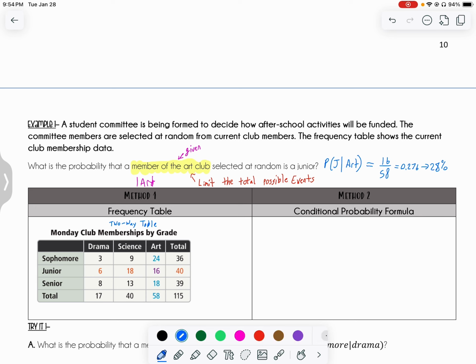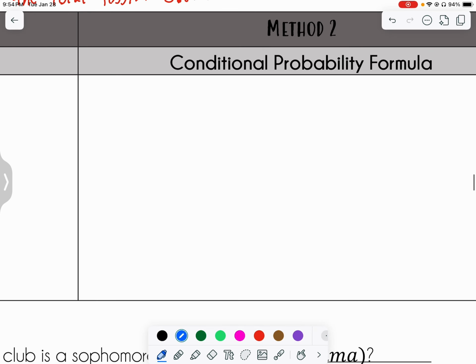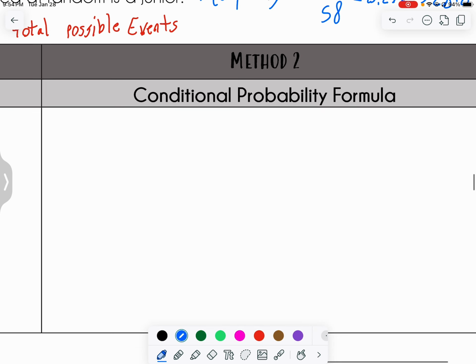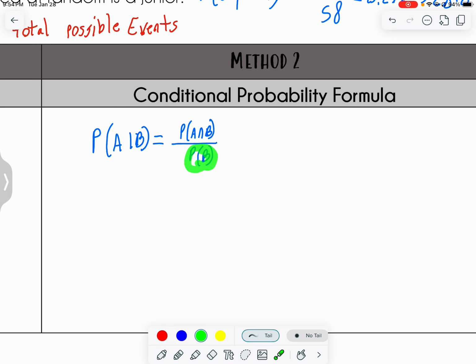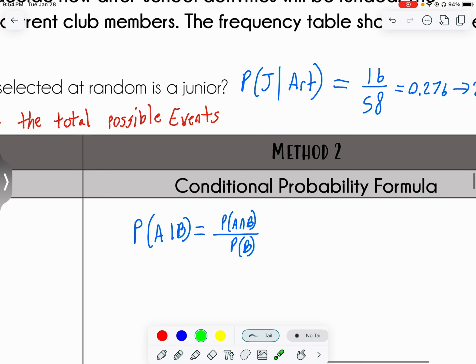And there's also one more way to get it. And we're going to see that here using the conditional probability formula. Conditional probability works like this. The probability of A given B is equal to the probability of A and B divided by the probability of B. Now, if I take a look at this probability of B, that's really limiting my total possible events.